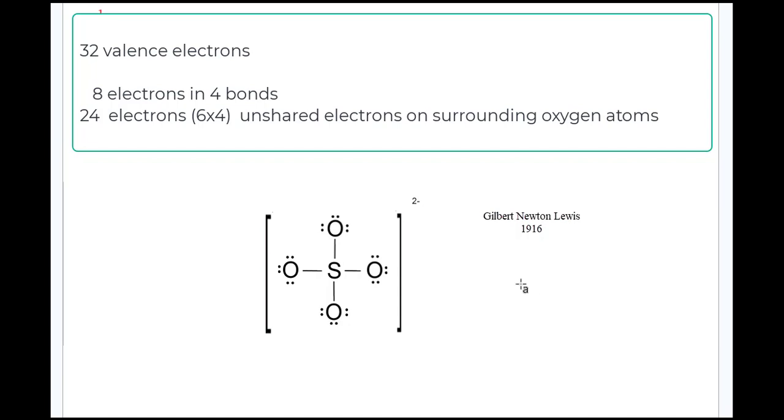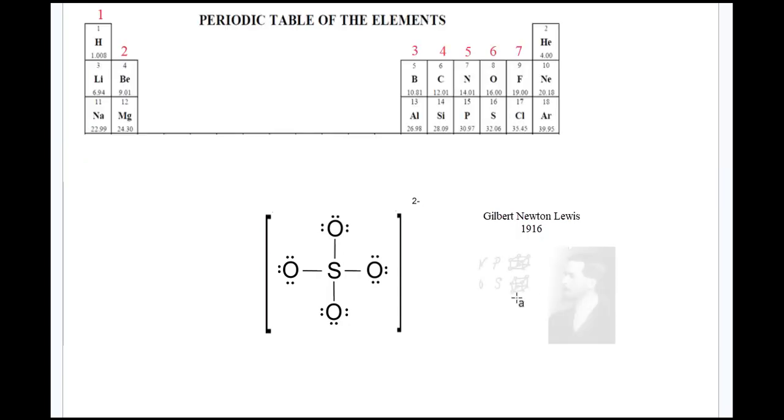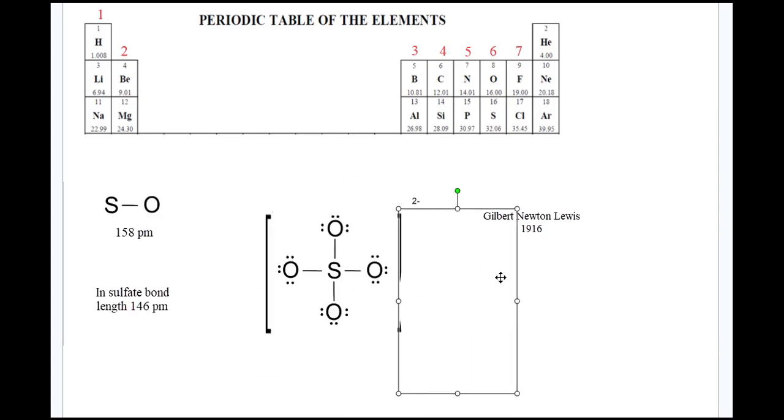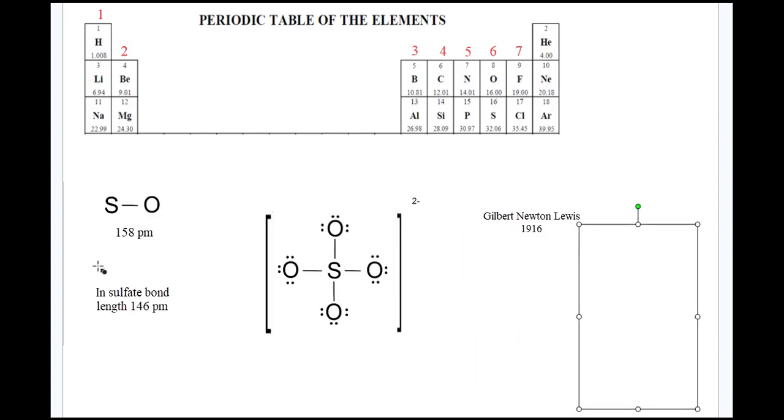If you were told to do the Lewis dot structure of the sulfate polyatomic ion, this would be an acceptable one. In fact, this is the one that Gilbert Newton Lewis, back in 1916, of Lewis dot diagrams, came up with. You'd think that would be okay, but there's a little problem here, and that problem is that typically, the sulfur-oxygen bond is 158 picometers.